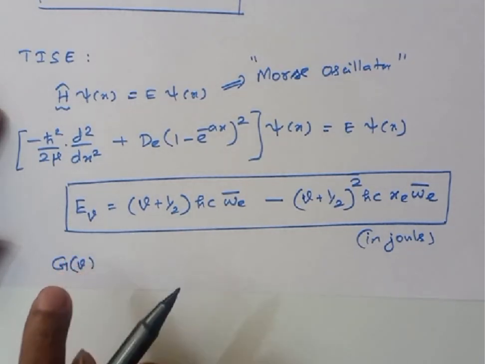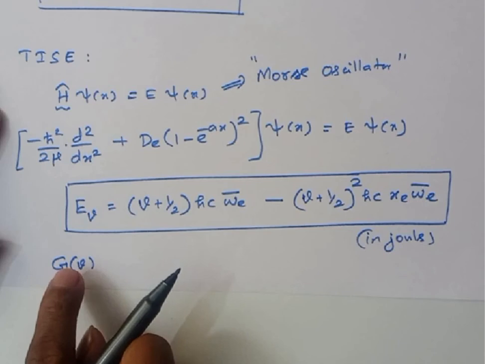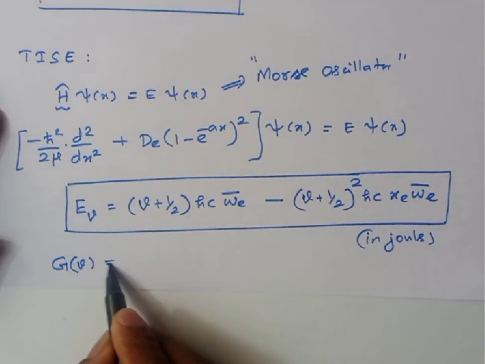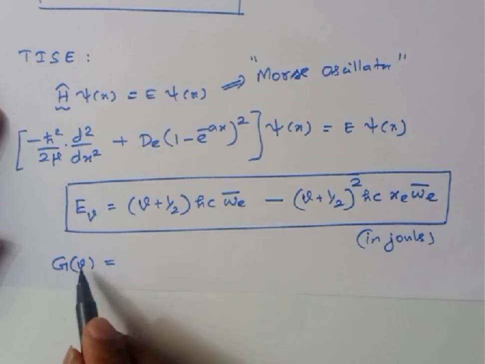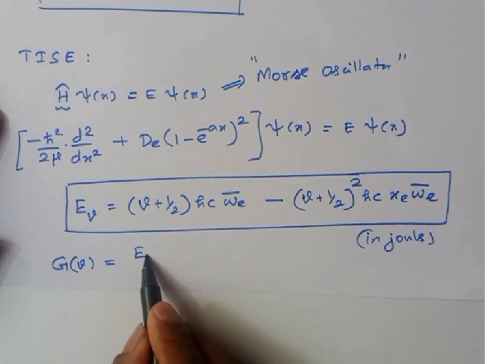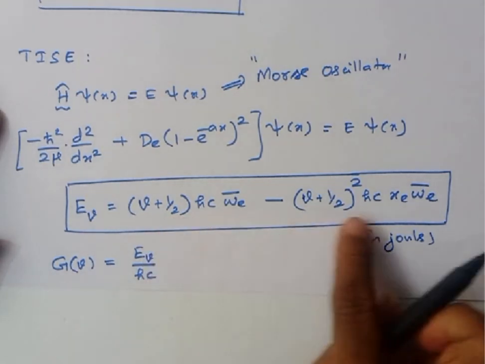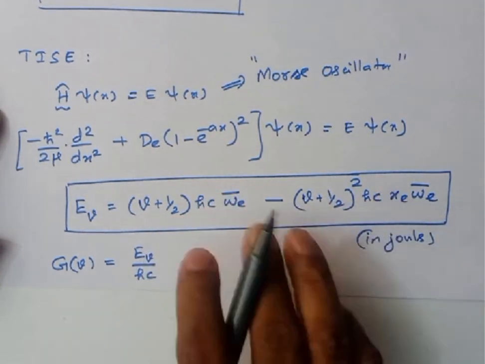GV is nothing but vibrational energy in wave number unit, where V is the vibrational quantum number. What is vibration energy in wave number? Vibration energy in joule divided by hc, that we know. So you divide by hc, and hc cancels in both the terms.